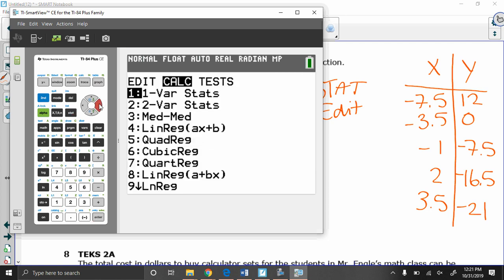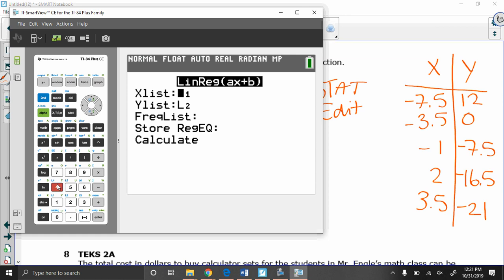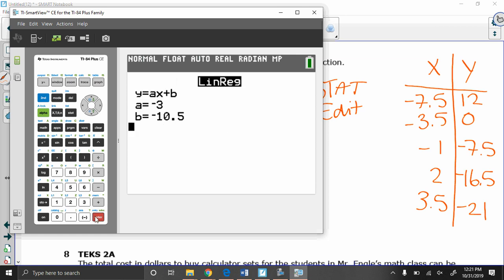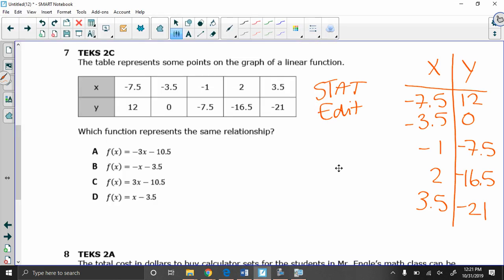Stat, calc, number 4, enter 5 times. And we should have a function where my slope should be -3 and my y-intercept should be -10.5. So if I was to plug that in, we would get -3x minus 10.5, which is A.